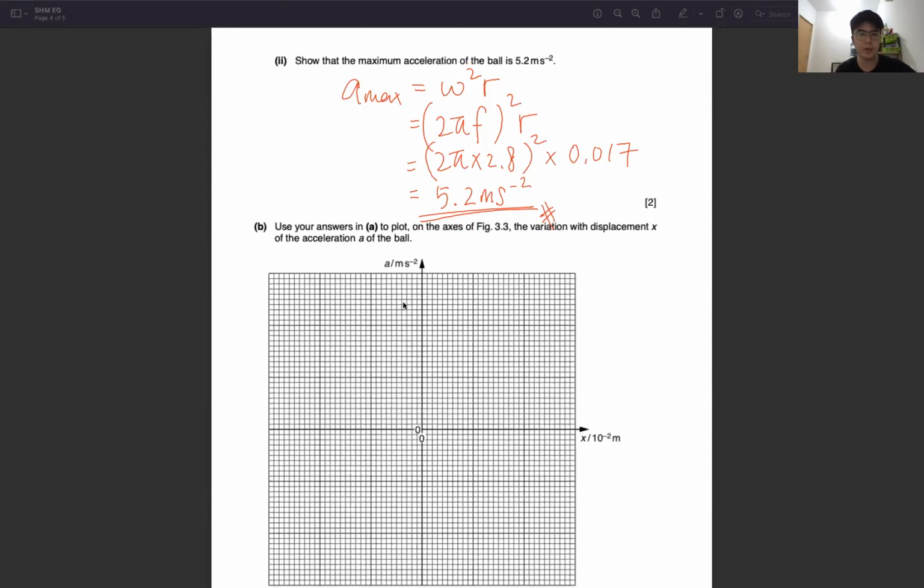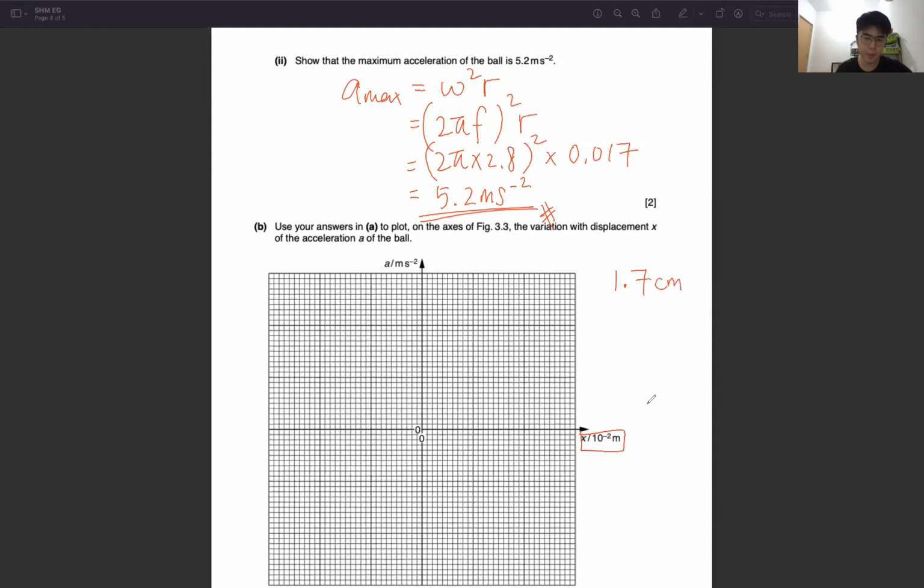And then the last one is use your answer in A to plot, on the axis, the variation of displacement with the acceleration of the ball. Now, how does your acceleration displacement graph look? Here we have, okay, plot in 10 power of minus 2. That means our maximum amplitude is 1.7 cm, right?